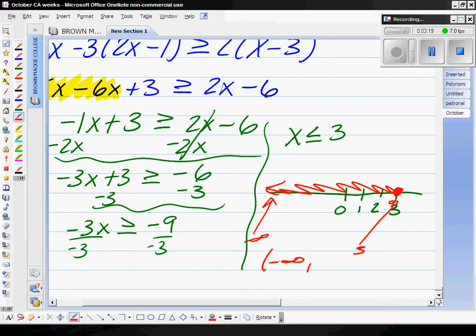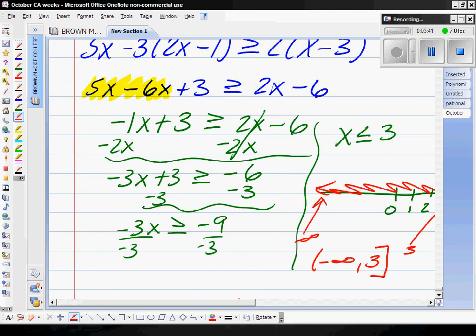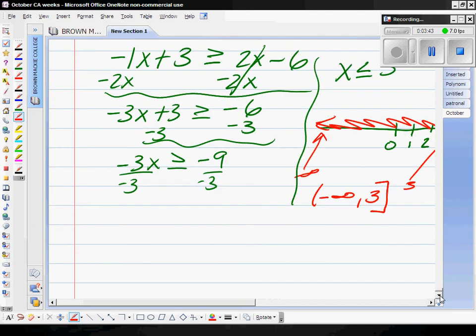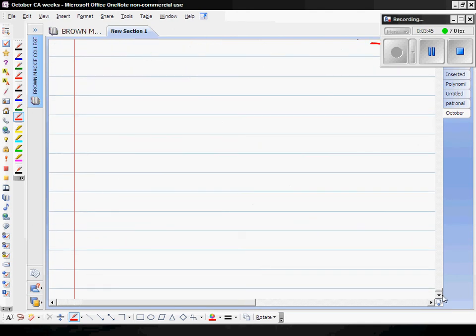Again, we cannot put a bracket around negative infinity because we cannot bound it down. Sorry. And then we stop at positive 3, and then it is a bracket because it is closed at 3. All right, so that's one down, a couple more to go.